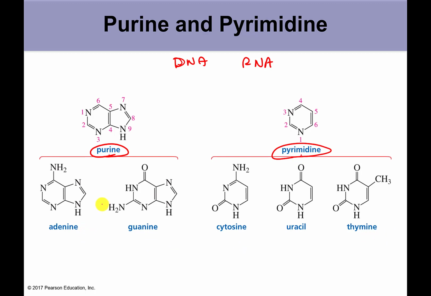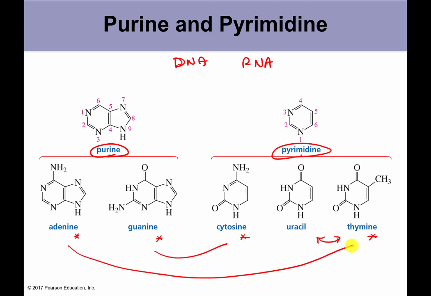Let's put a little asterisk down here. And then for RNA, these will switch out, and uracil is what you find in RNA. And the thing about the adenine and guanine and cytosine and thymine that's important is those are the base pairs, A, T, G, and C. So this pairs with that, and this pairs with that, that create the hydrogen bonding that allows the double helix to stay together.